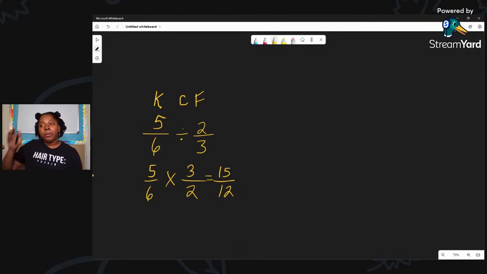Absolutely, that'll help you with simplifying later on. But if you're struggling with just knowing how to divide fractions, I would just keep it simple, no cross canceling, just multiply straight across and you're good to go. Okay, so let's just do one more to make sure you got it, and then I will take the next question.